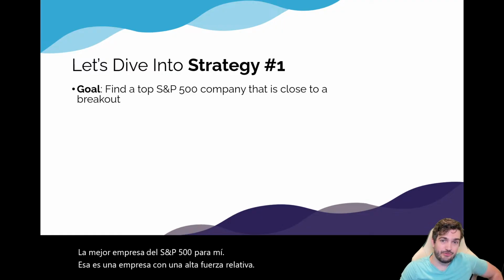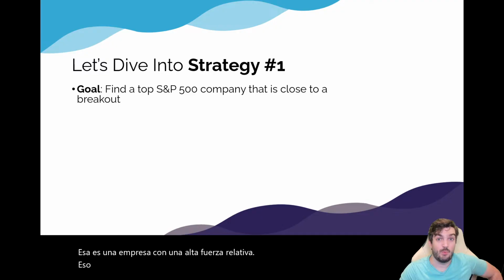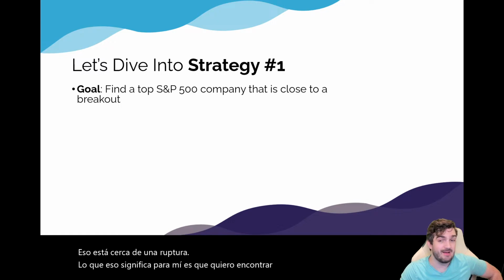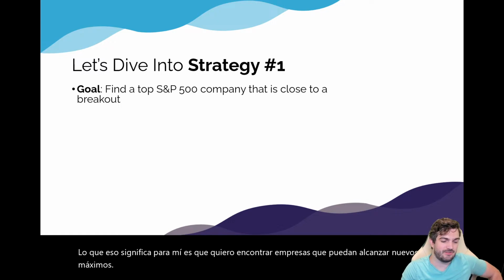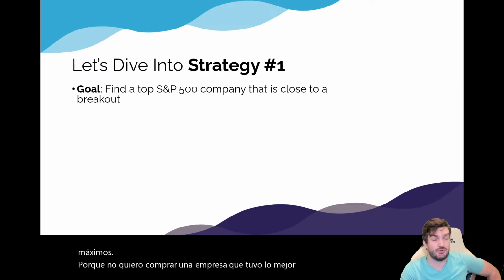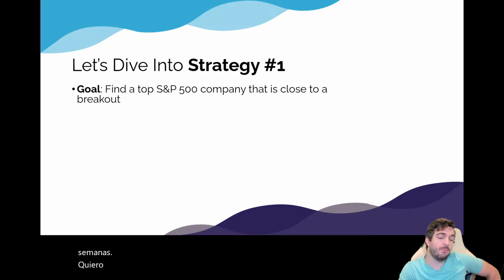That is close to a breakout. What that means to me is I want to find companies who might reach new highs. Because I don't want to buy a company who had its best day in the market 2 weeks ago. I want to find a company that is hopefully going to have its best day in the upcoming week.